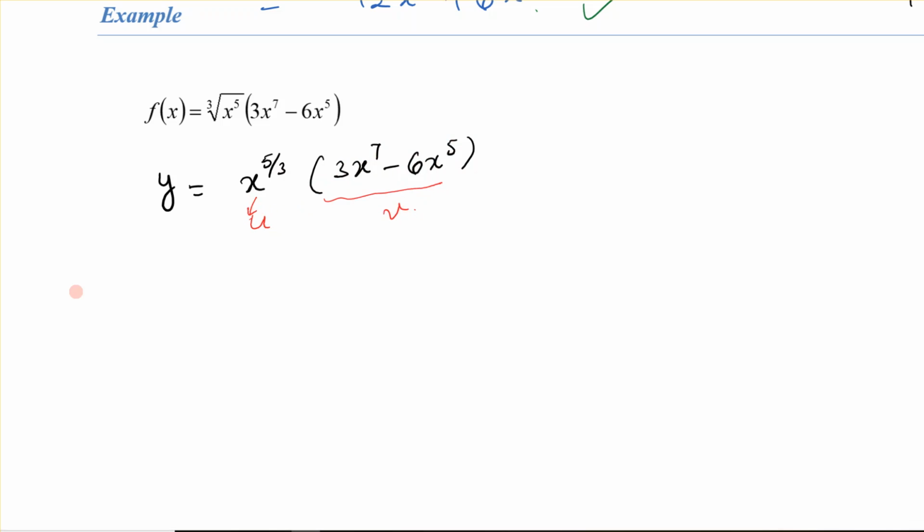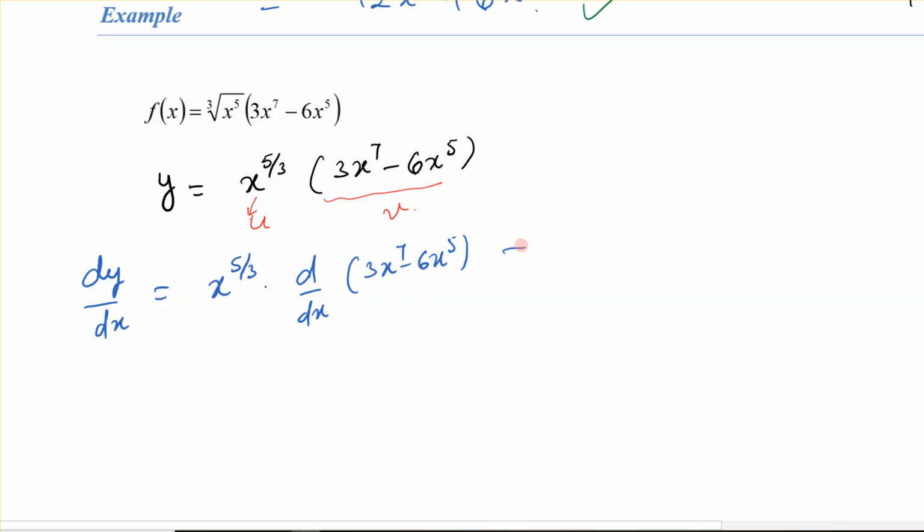Let's take the derivative on both sides. The derivative of the product is the first function as it is, derivative of the second, plus the second function as it is, and derivative of the first.